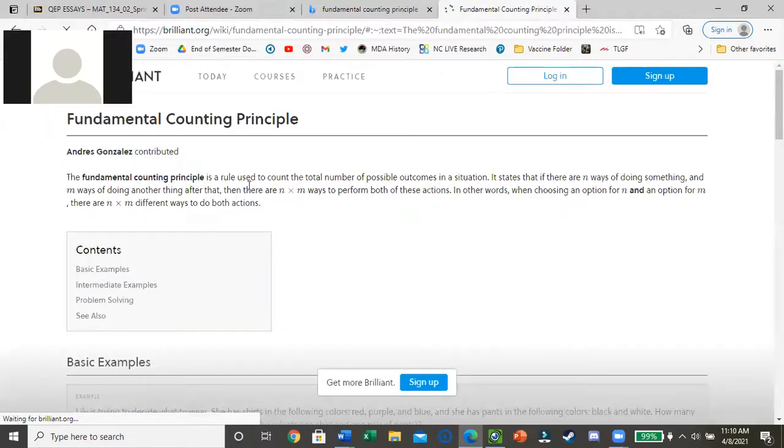And so the fundamental counting principle is a rule used to count the number of possible outcomes in a situation and so on.